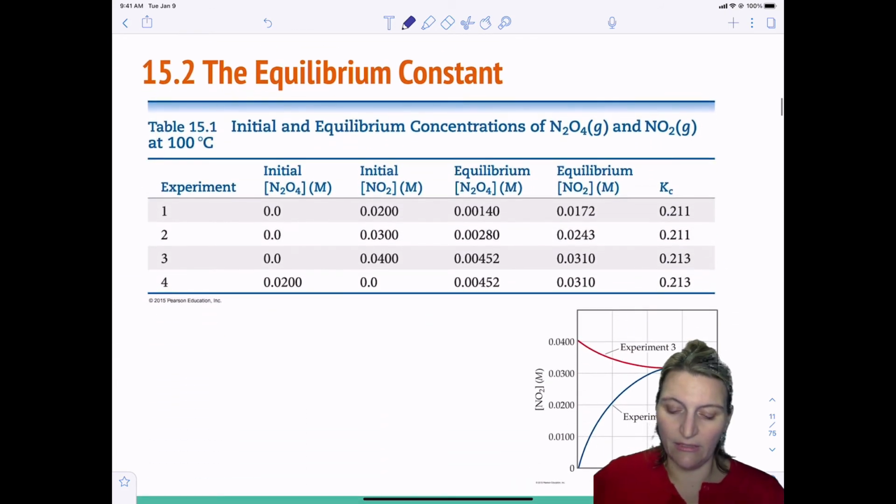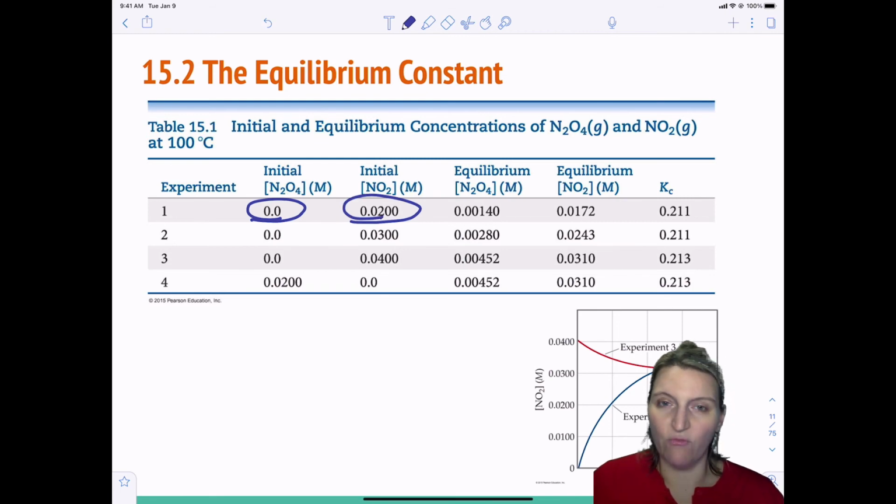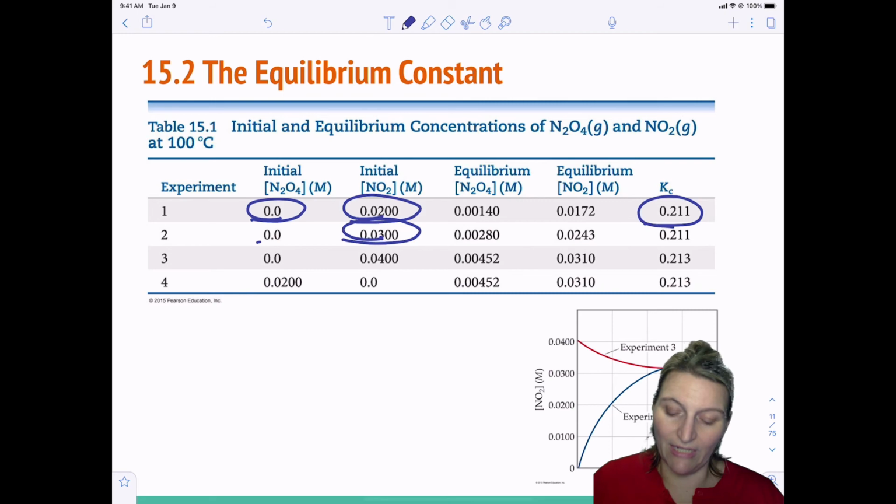And this table is referring back to that first reaction that we saw with the brown gas and the clear gas, right? You can see if we start with no N2O4, we just start out with NO2, they reach equilibrium concentrations and you could calculate the Kc. What if I start out with a different amount, still 0 N2O4, but a different amount of NO2?